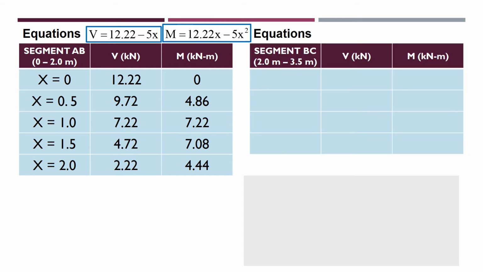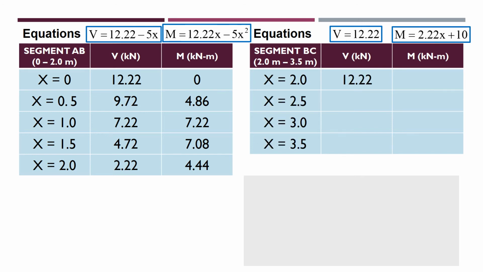So the same for segment BC na ang limit ay from 2.0 meter to 3.5 meters. And with this equation, so these are the shear and moment values.